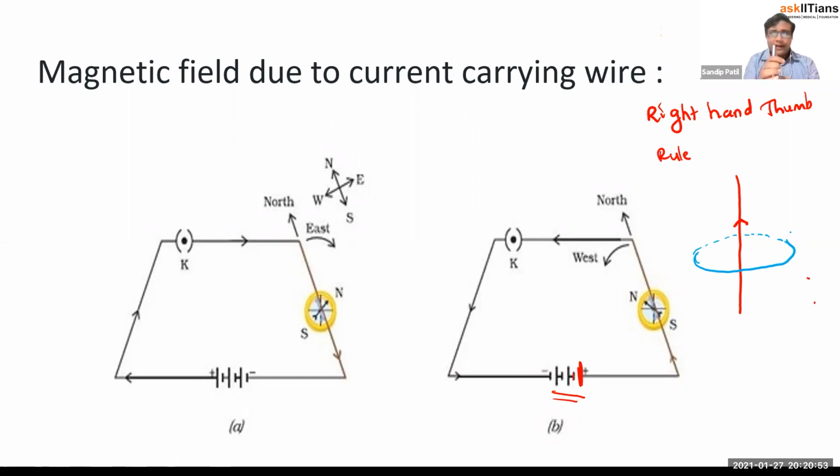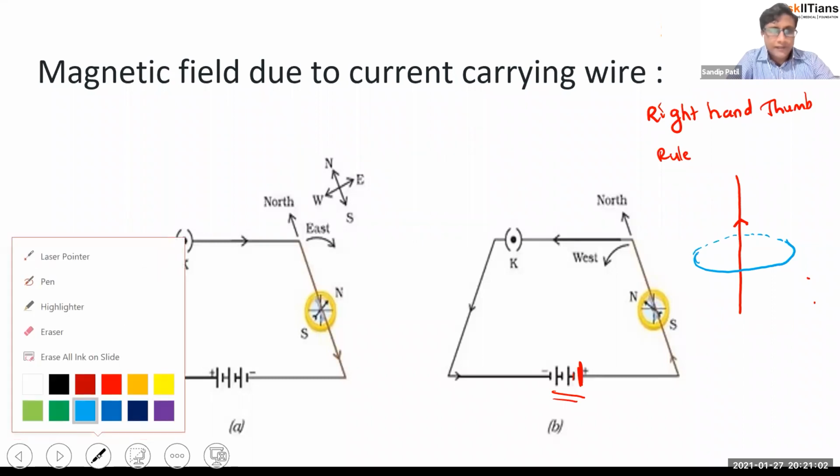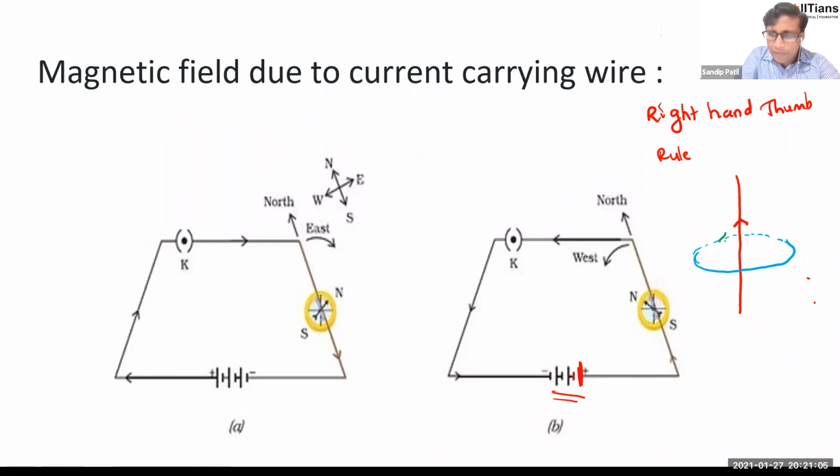For this straight conductor, the curled fingers are coming from behind, and from the front they are going again behind the conductor, right? So this will be our direction of the magnetic field. If you place the iron filings like that, then they will get arranged around this loop. Okay, so this is how we can find out the direction of the magnetic field. And the magnetic field is produced by whom? The magnetic field is produced by our current carrying wire.